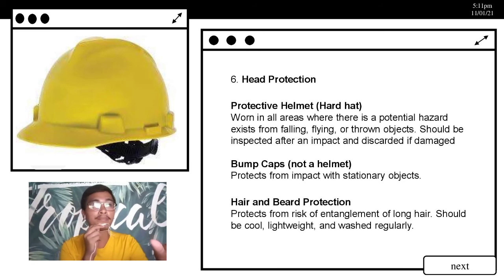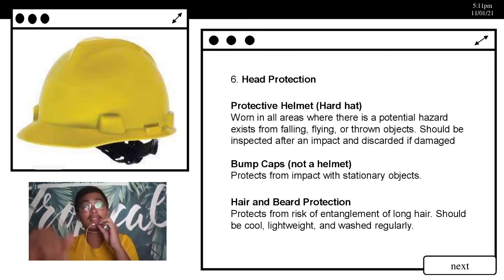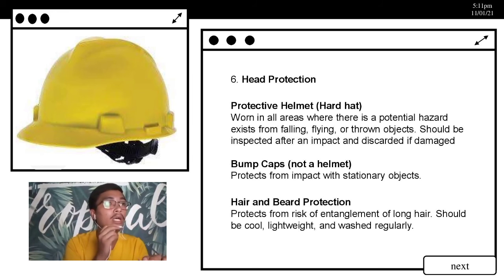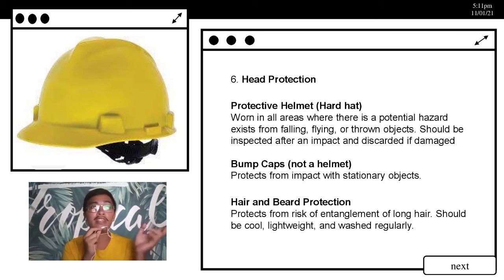So there are types of hard hats that you must wear when you are working in an electrical company. So this hard hat impact protection is actually divided into two, the type 1 and the type 2.